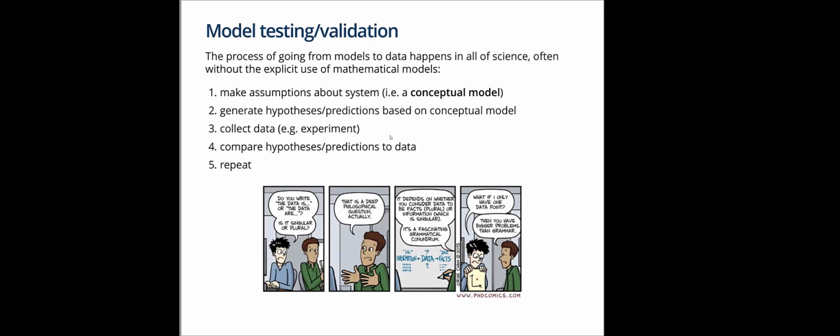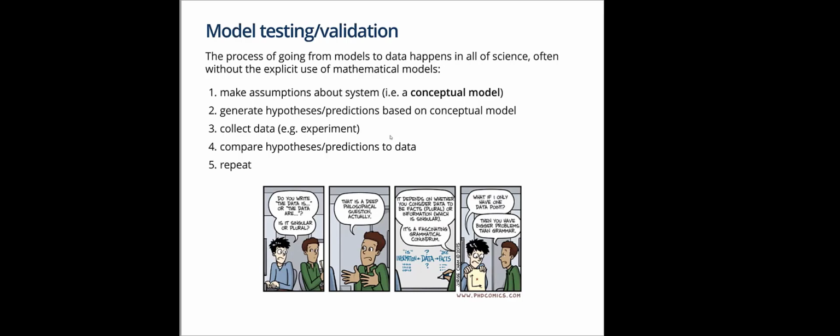And so, it's worth thinking that in some sense, while these mathematical and simulation models have special features, in a bigger context, they're not necessarily unique, because you do this modeling in all of science. It's just you don't always use these explicit mathematical simulation models.